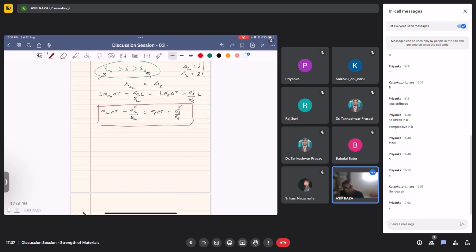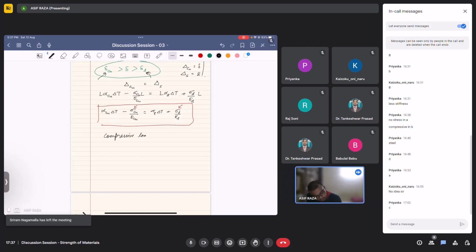The other equation is that since the system is in equilibrium, the load acting on both the copper and steel should be one and the same. That means the compressive load on copper is equal to the tensile load on steel.